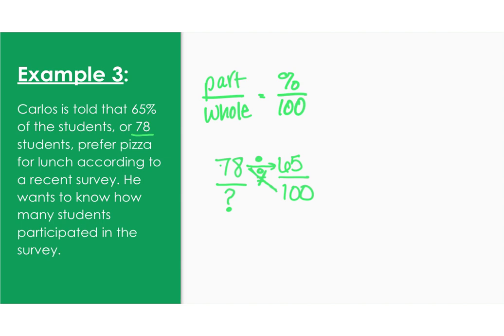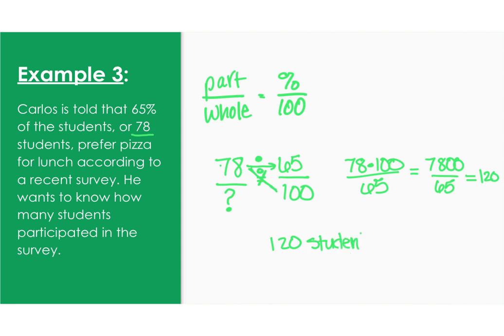So I'm going to take 78 times 100 and divide by 65, which equals 120. So 120 students participated.